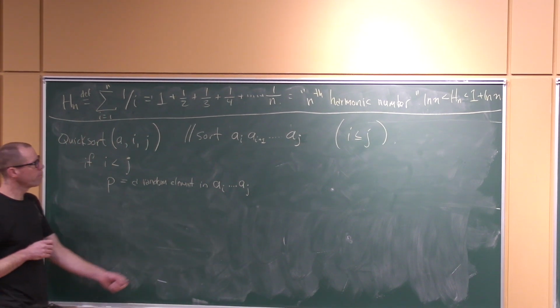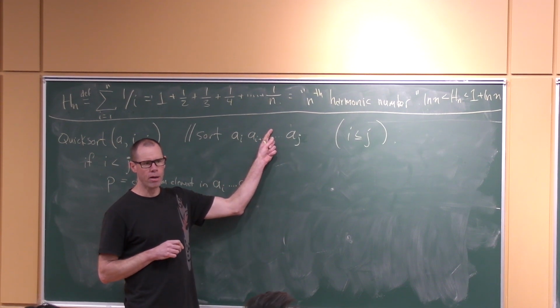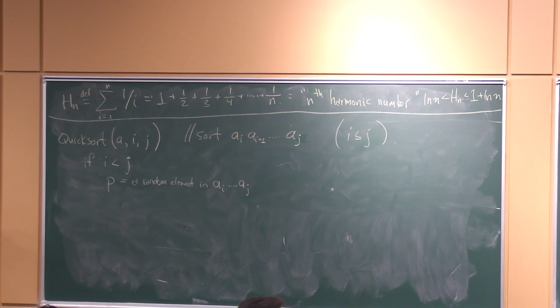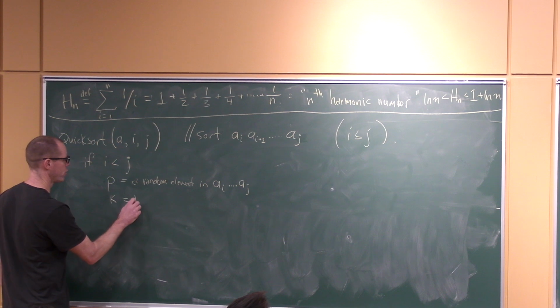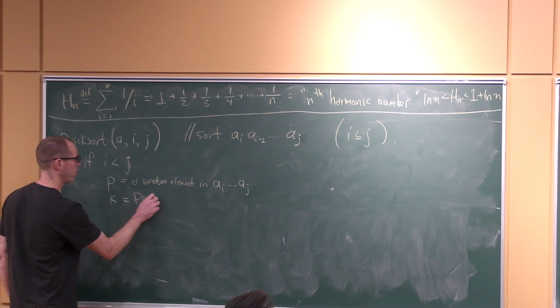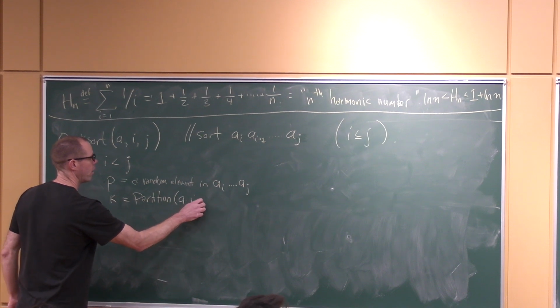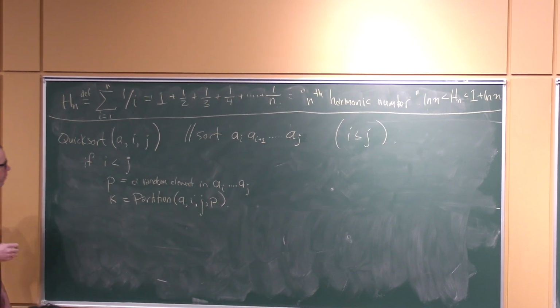So from the subarray that it's supposed to sort, it picks a random value and saves that, calls it p, and then it calls a function called partition that takes all the same arguments plus p.